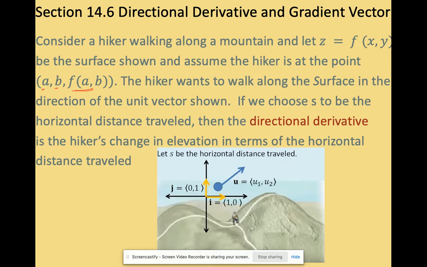If I want to walk in this direction, this is my directional derivative. If we choose to think about the horizontal distance traveled, the directional derivative is the hiker's change in height in terms of the horizontal distance traveled.